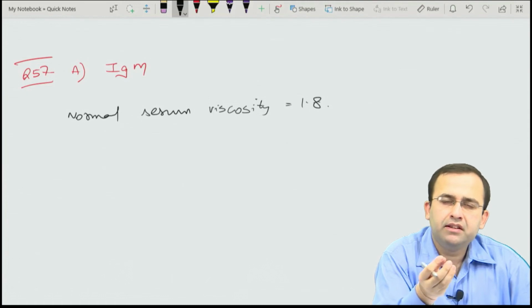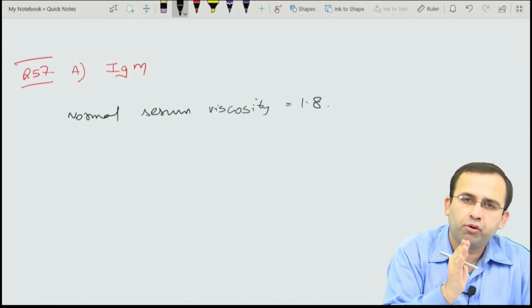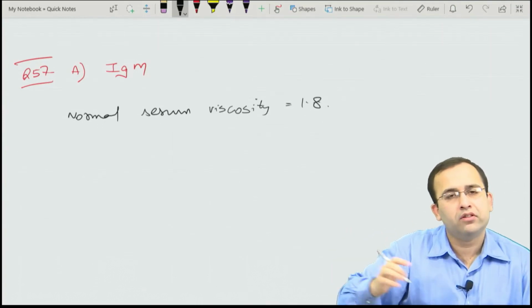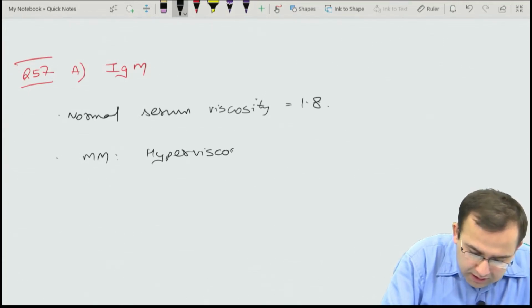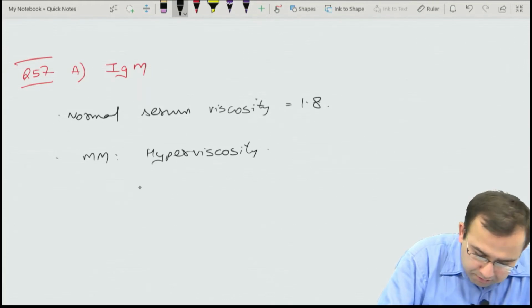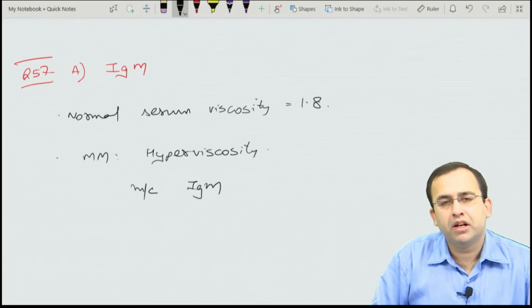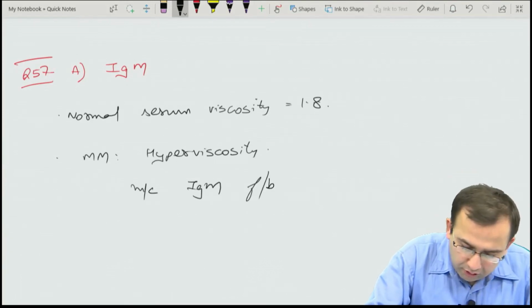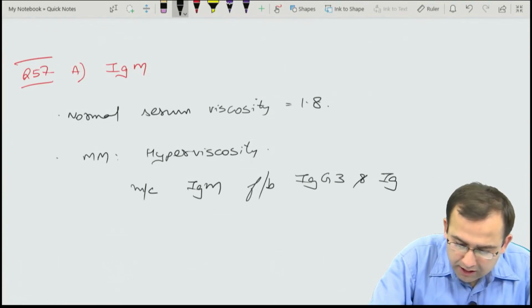So that means the serum is approximately 2 times, or exactly 1.8 times, as thick as water. Next point, multiple myeloma is associated with hyperviscosity. There is increased serum viscosity, most commonly with IgM, followed by IgG3 and IgA.